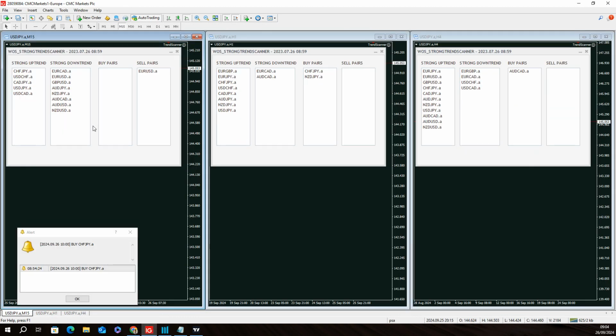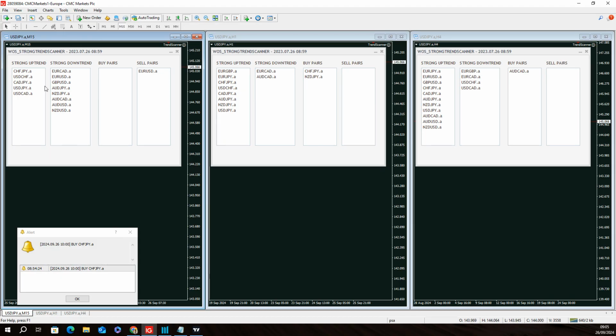So if we look at the scanner this morning, we can see they are all over the place. The only pairs that are in sync are the yen pairs. If you look at the card yen here, but you also have Aussie yen. So everything is mixing together, and by looking at the screen like this, we are able to find out what is going on.